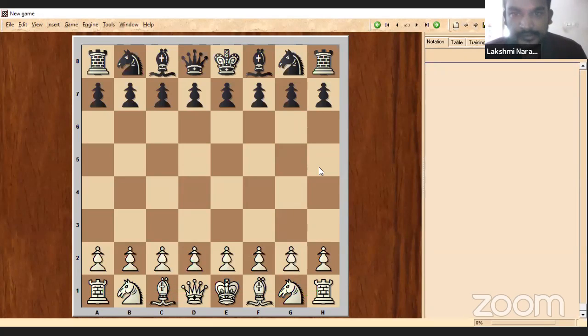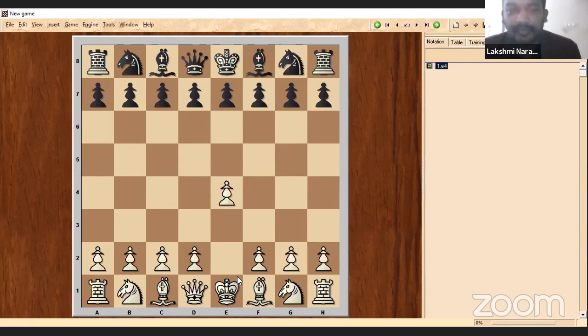Okay, so this is called the algebraic notation. For example, if we are making any move, our game can be recorded. For this is E file, and this is 4th rank. Okay, so if we make a move like this, it is called E4.